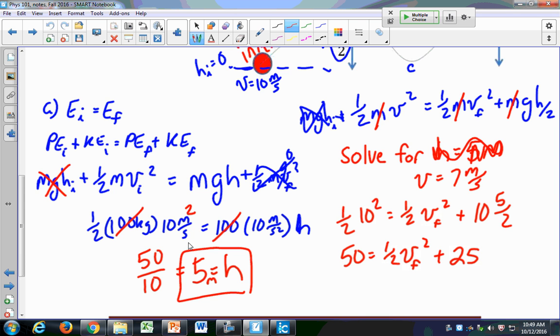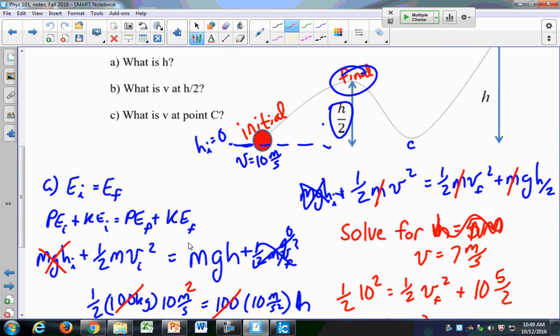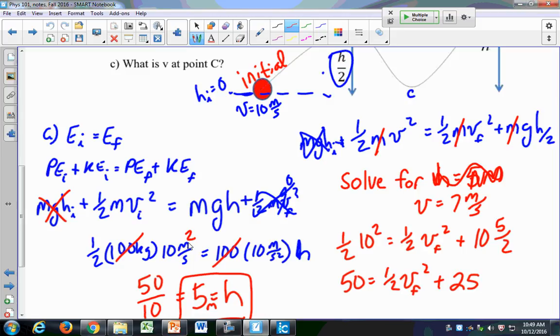Sometimes it's a little more complicated, like we had in this part right here, where we were trying to figure out what is the height or what is the speed when it goes to h over 2. And we'd already found that h was equal to 5 meters. So at h over 2, the speed, or the height rather, is 2.5 meters, or h over 2.